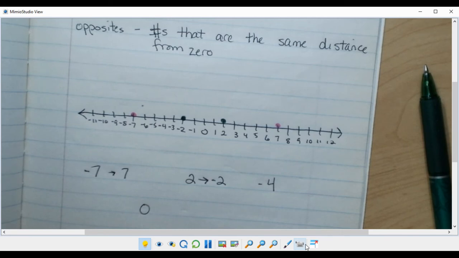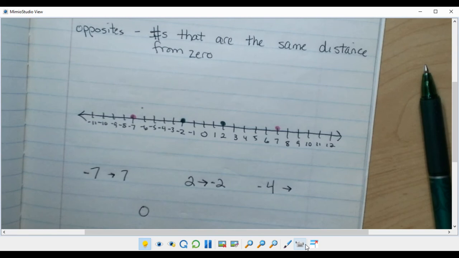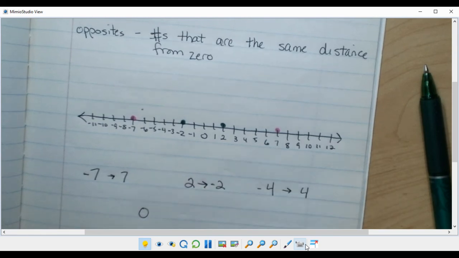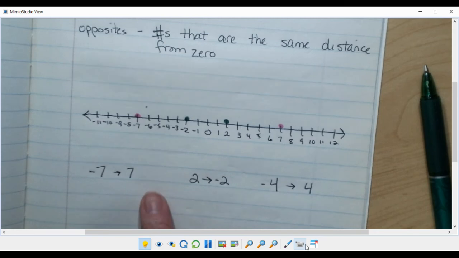They're both the same distance from 0. All right, without me drawing wet paint blobs, what do you think the opposite of -4 would be? +4. If this is 4 jumps away on the left, this is going to be the same distance away on the right. We'll talk about 0 in a minute.